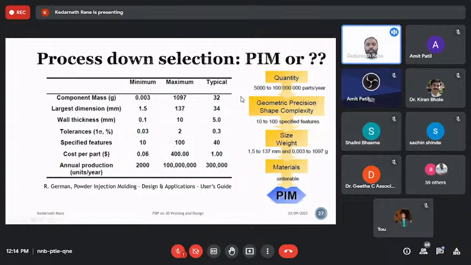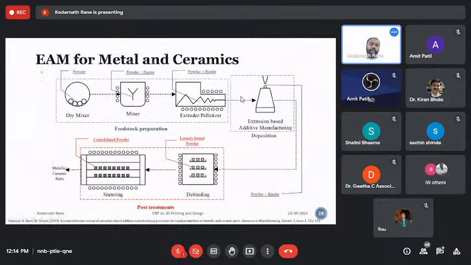So how to tackle this problem? We have the solution here, which is extrusion based additive manufacturing. This process enables us to make mass customization through the enabling technologies, which are again PIM and MIM. We can use some process steps and use a step called deposition or 3D printing to enable mass customization as well as shape scalability.